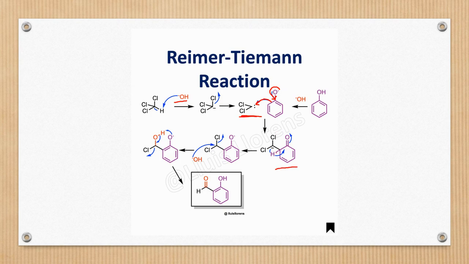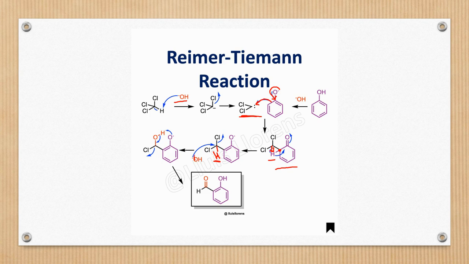So here, first of all, this CHCl2 minus will take up this proton and form CHCl3. Basically, there is a shift of this hydrogen from this carbon to this carbon. So here hydrogen is now here, and you have this again aromatized system.